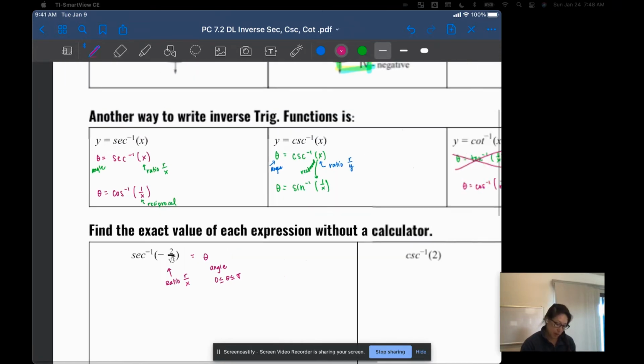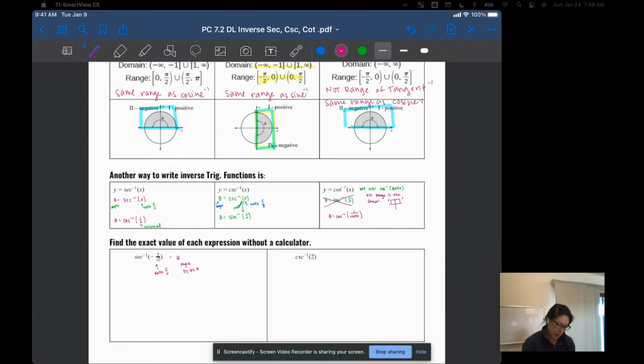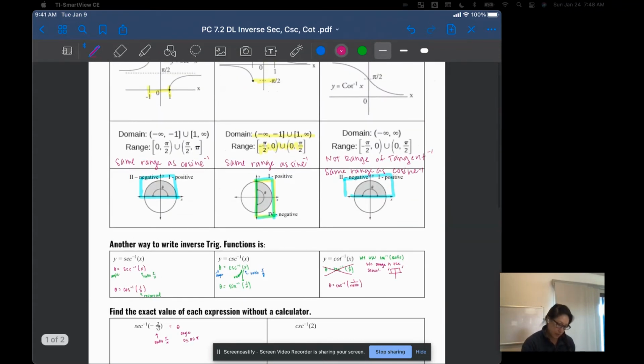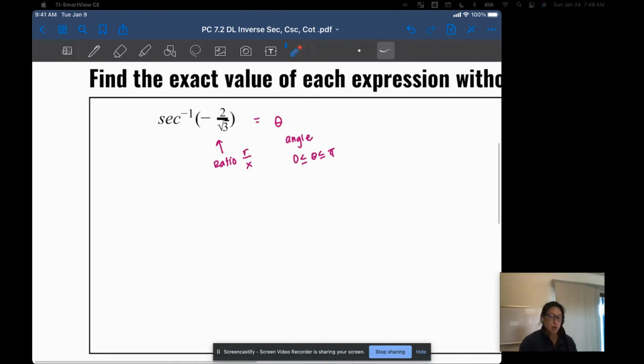We know that because secant inverse's range is in the first and second quadrants. It means your calculator is going to give you back an answer from the first or second quadrant. So when I set up my triangle, I'm only focusing on the first and second quadrant.